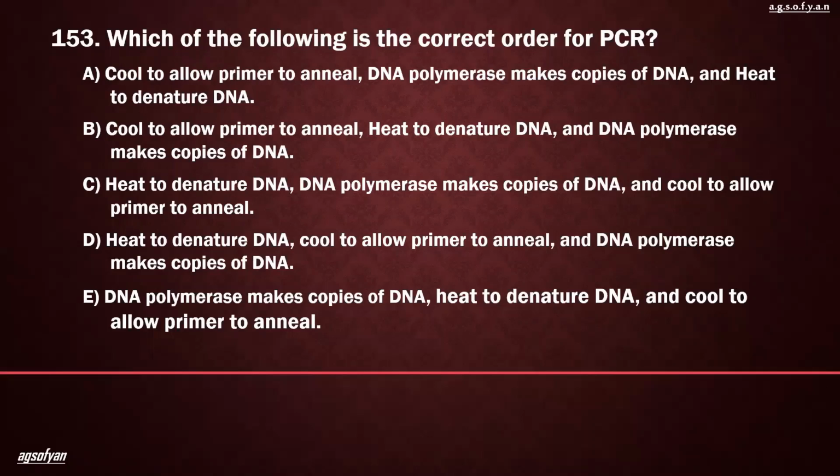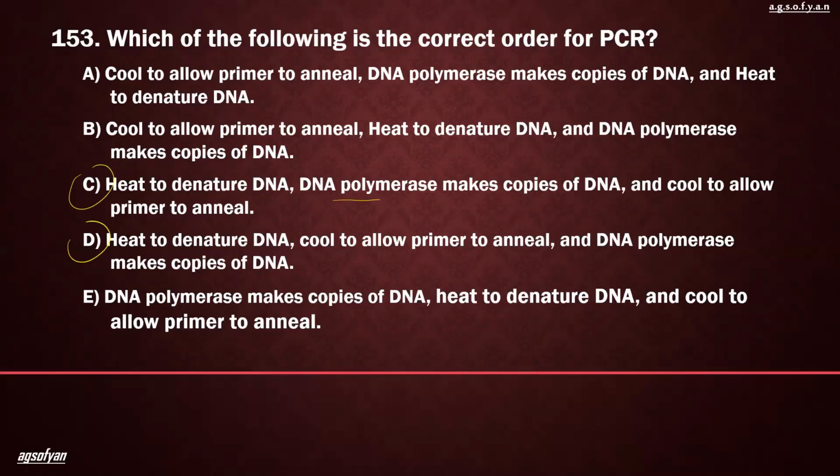So PCR usually starts with taking the sample and putting it in the hot bath. So these are going to be the choices. Heat to denature DNA. What is next? We have to make a copy of DNA. What do we use? We put the enzyme.